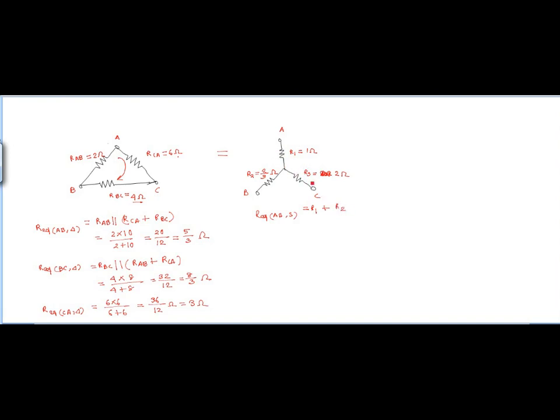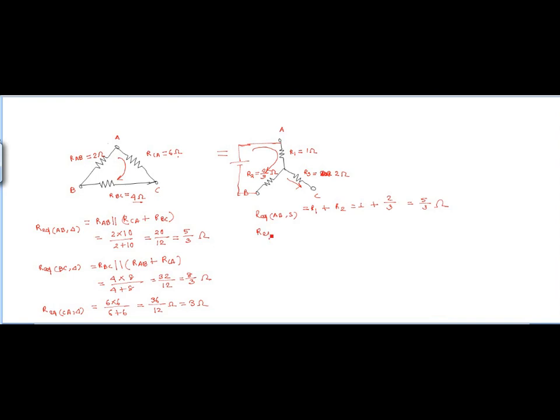Because R3 is open circuit, current does not flow through this path. So we will not consider the resistance R3. Now assume that you have connected a voltage source between terminal A and B. So current flows like this. No current flows through the resistance R3. So we will not consider the resistance R3. Now R1 is 1 ohm, R2 is 2 by 3 ohm, equal to 5 by 3 ohm.